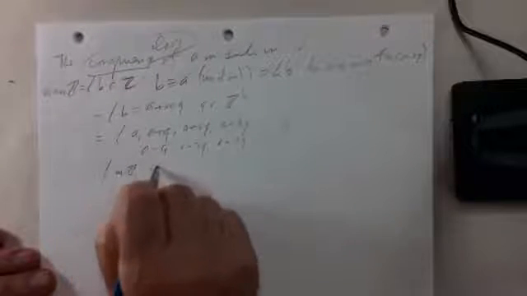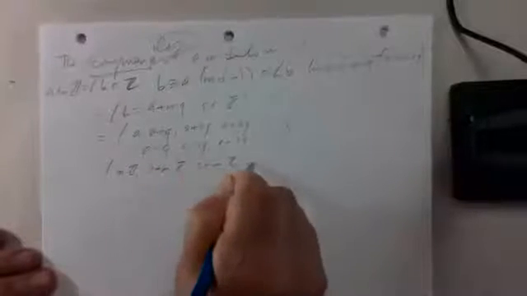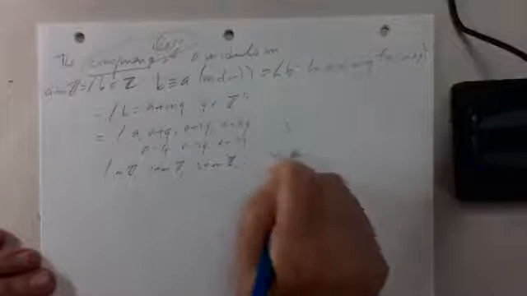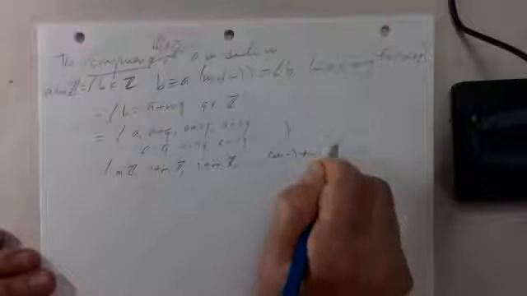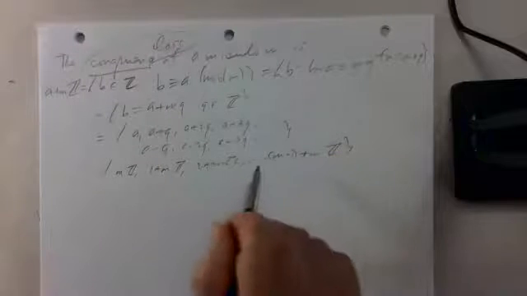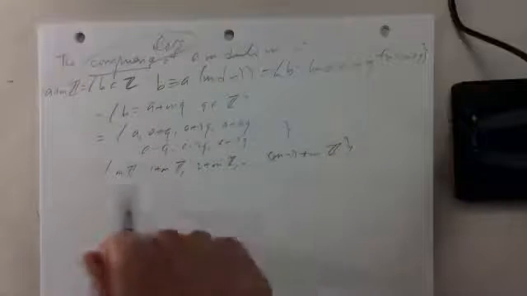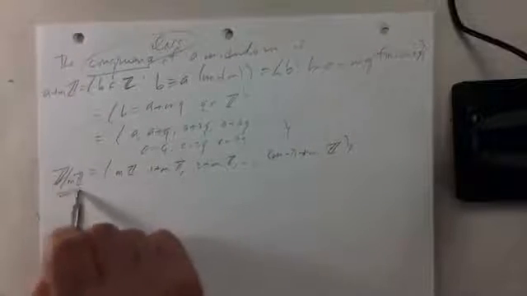And there are m different congruence classes. So we have 0 plus mZ, 1 plus mZ, 2 plus mZ, and minus 1 plus mZ. Here we have m sets of integers, and they form a partition of the integers. We denote this by Z slash mZ, or Z mod mZ. That's the notation.